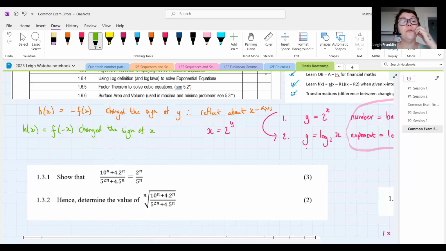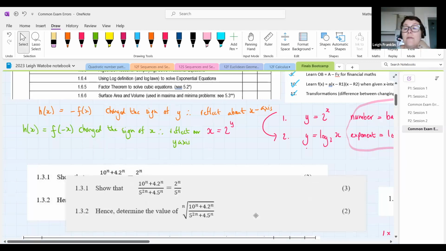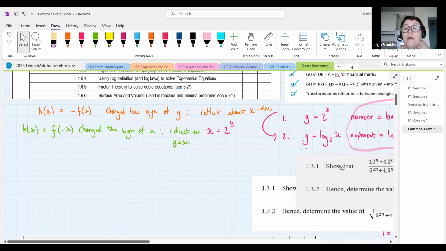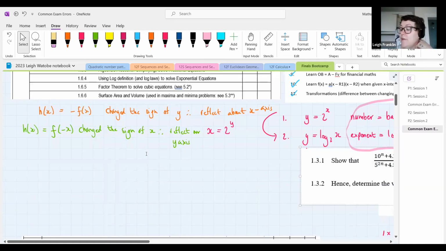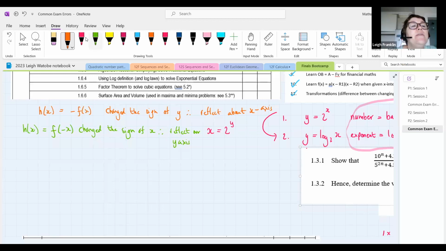So in other words, I have reflected it about the y-axis. Okay, if I say something like this, let's just get rid of this one. That's just another example on exponents.